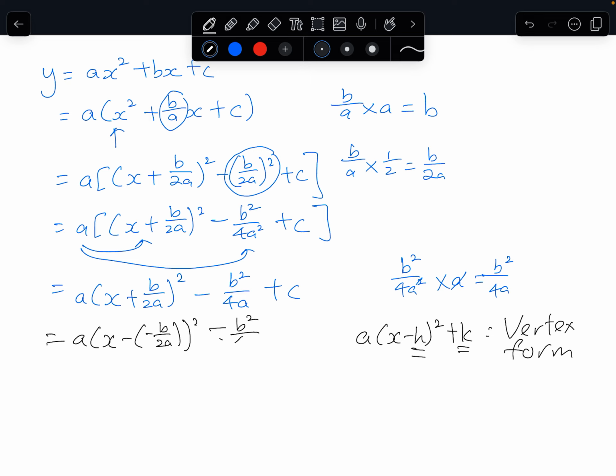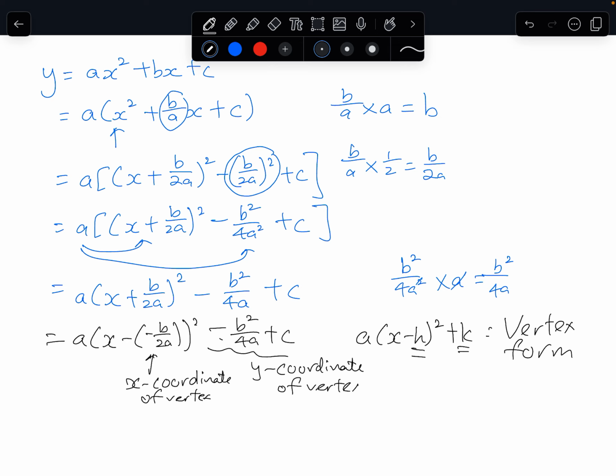Minus b squared over 4a plus c. Alright, do bear in mind a, b, and c are just simply constants, or just numbers itself. So we know that this is the x coordinate of the vertex, while this is just going to give me the y coordinate of the vertex.